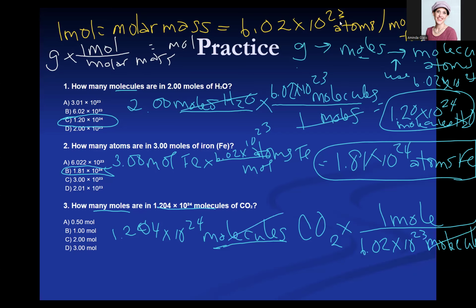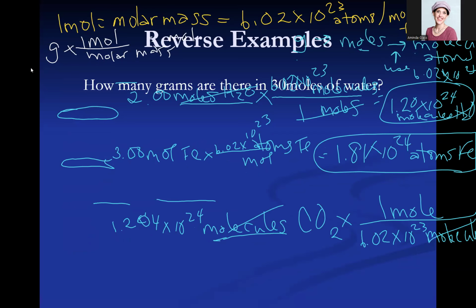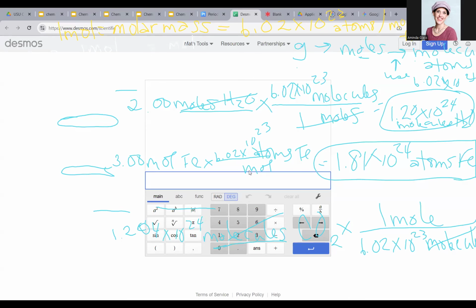Okay, now this is really important. When you use your calculator and you're dividing by an exponent, make sure that when you divide, you have it in parentheses. Otherwise, you're going to get the wrong number.